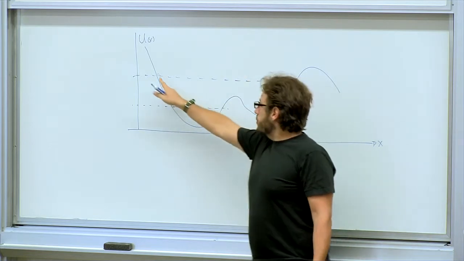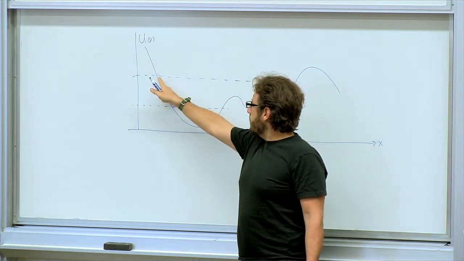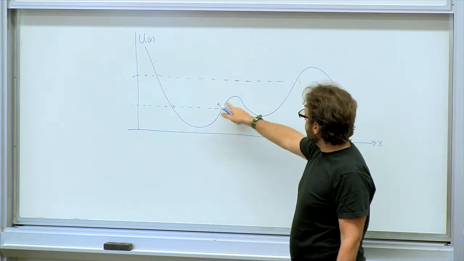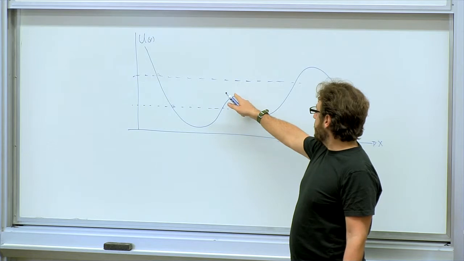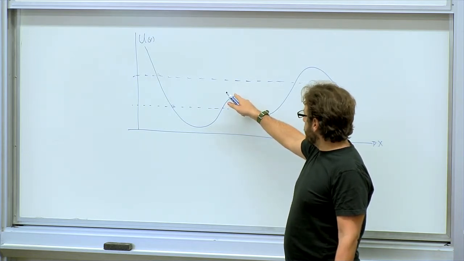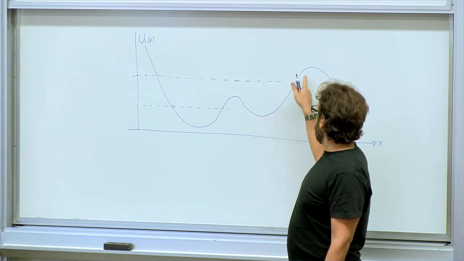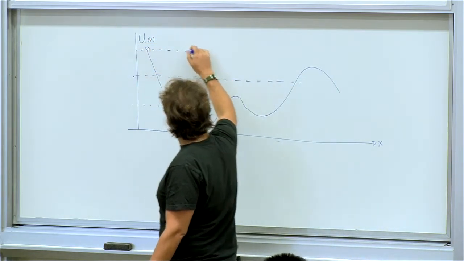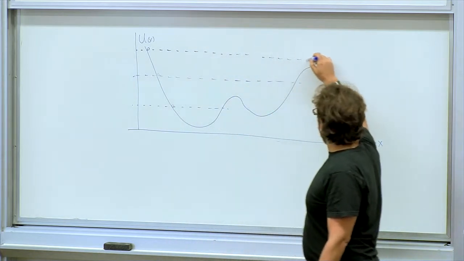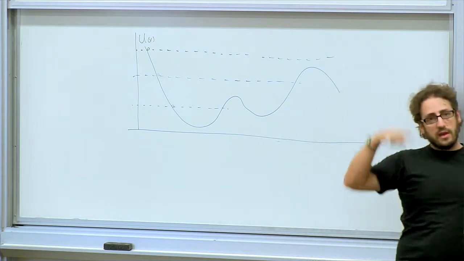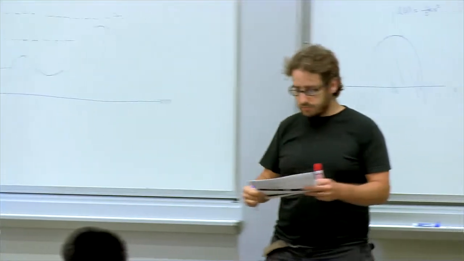So if you imagine what would happen if you did the experiment, the ball rolls down the hill, speeds up, it's going fast here, starts to slow down, but still has enough kinetic energy so that it's still moving at non-zero speed when it gets here, and then it rolls up here. But it can't go over this hump. Whereas if you started a particle up here, then it could roll over both of these hills and escape. All right, so you can also think of them as energy level diagrams.